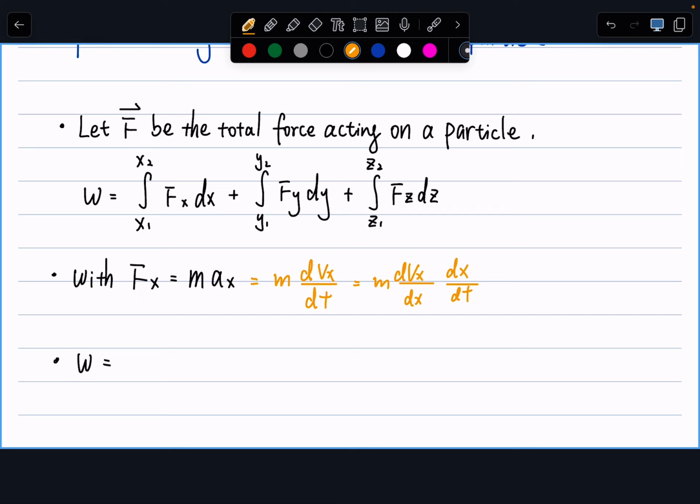As we were saying, dx over dt along the x direction is just my velocity along the way.